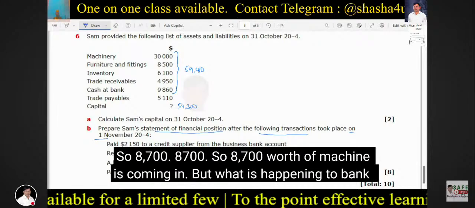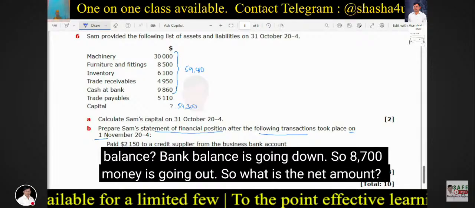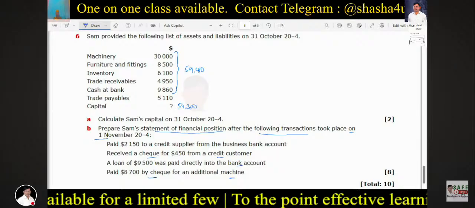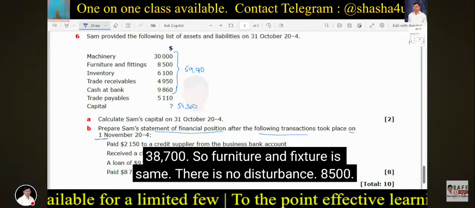So 8,700 worth of machine is coming in, but the bank balance is going down by 8,700. What is the net increase or decrease? So 30,000 plus 8,700 is 38,700.